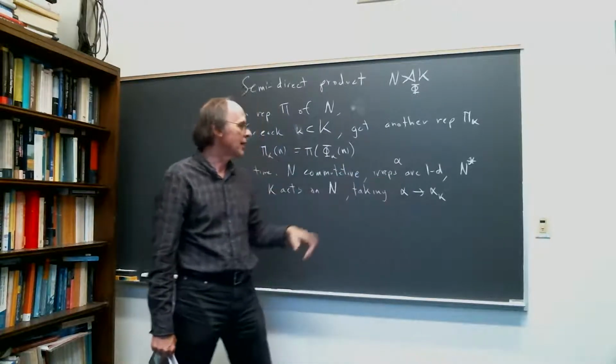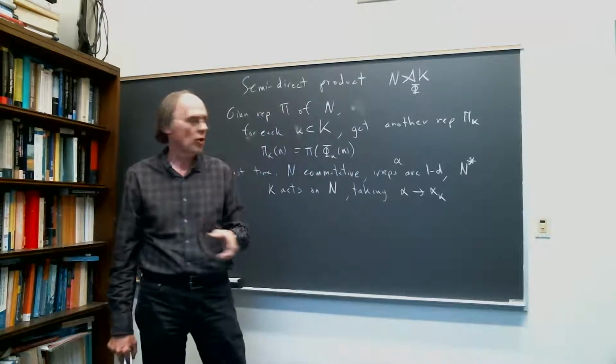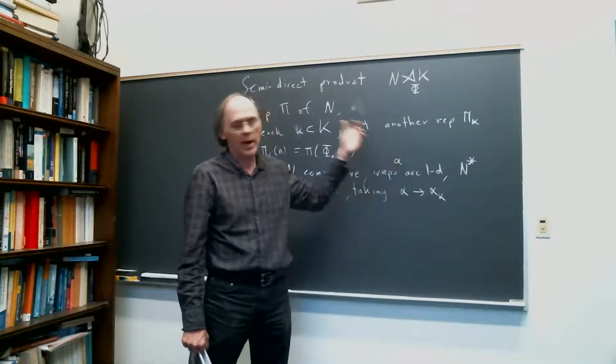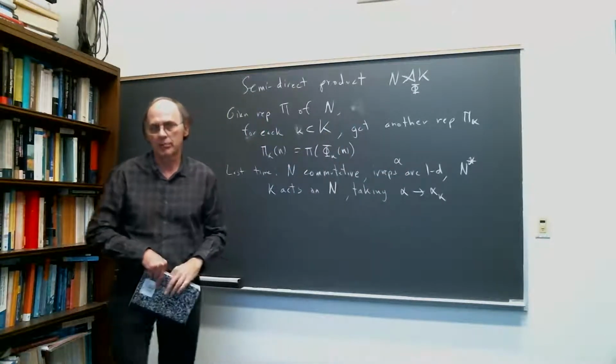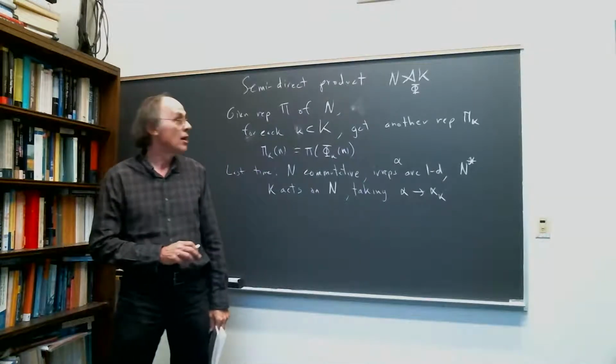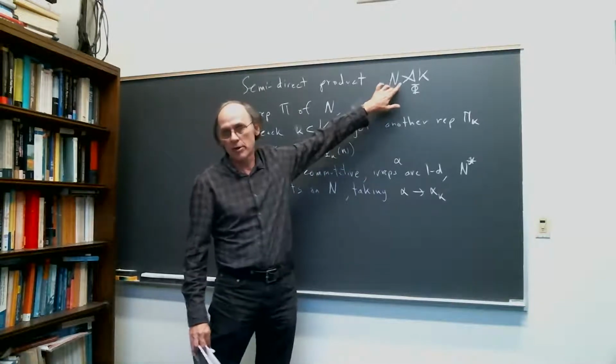Then irreducible representations get associated one-to-one with irreducible representations of the stabilizer group and orbits. So anyway, that's the general story, which I tried to tell you last time. So you can completely say what's going to happen when n is commutative.